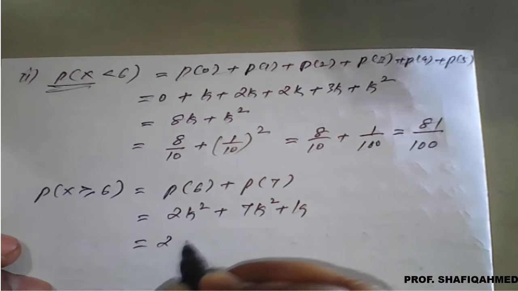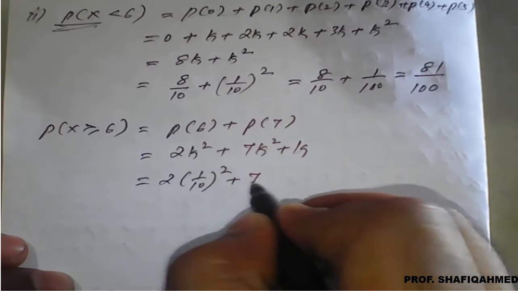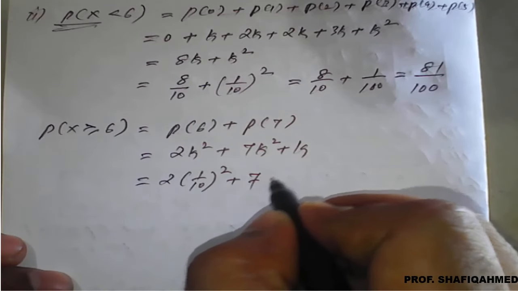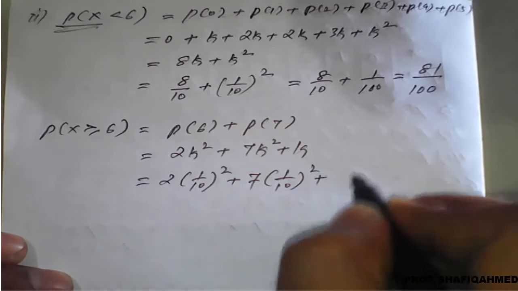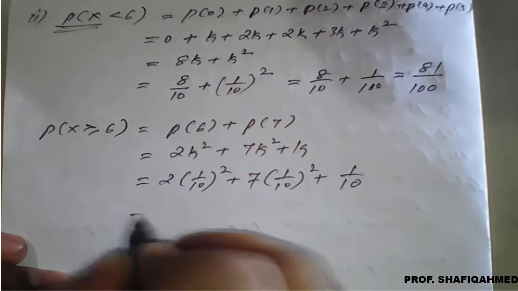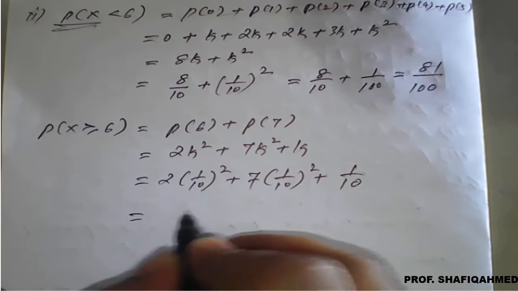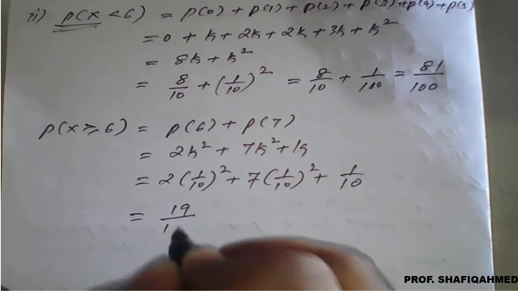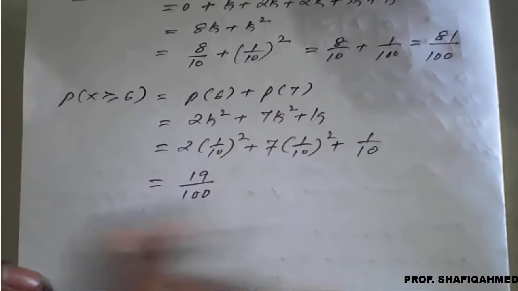So 2 times 1 upon 10 square, because I am replacing the value of k here, and 7 times 1 upon 10 whole square plus 1 by 10. On simplification this completely, the answer is 19 upon 100. So we got the second result.